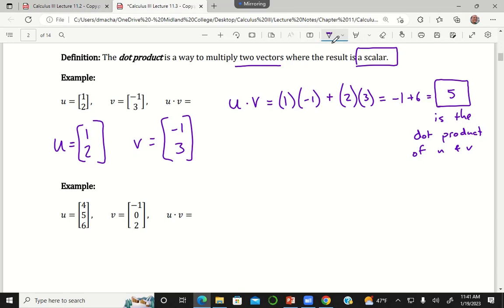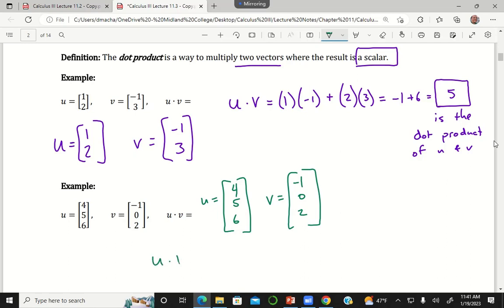So the second example. If I want to take the vector u to be 4, 5, 6, and the vector v as negative 1, 0, 2, then u dot v, that's going to be 4 times negative 1, which is negative 4, plus 5 times 0, which is 0, and then 6 times 2 is 12, and you add all those up and we get 8.